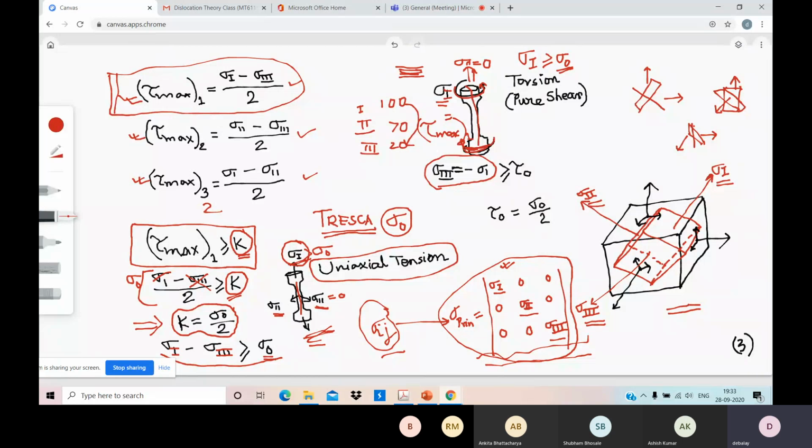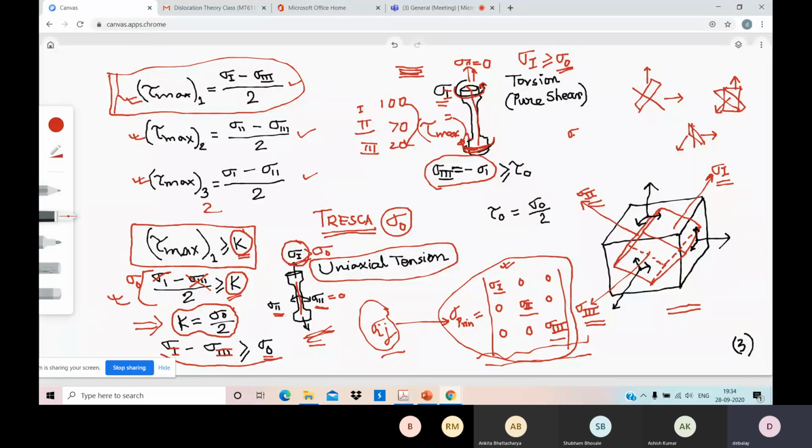When it is triaxial, then sigma 2 and sigma 3 come in, so the situation will be different. You need to apply higher sigma 1 to get this criterion satisfied. So the generalized expression is that sigma 1 minus sigma 3 has to exceed sigma naught.